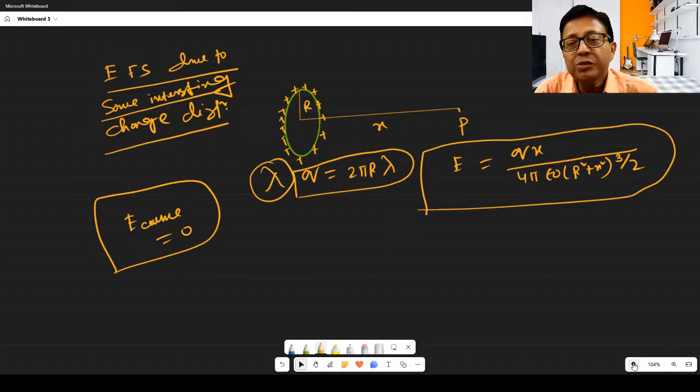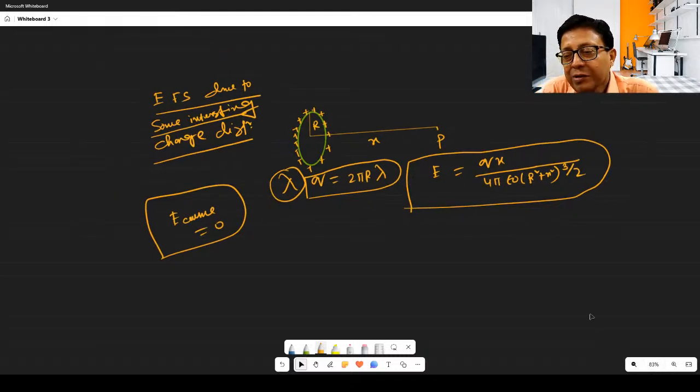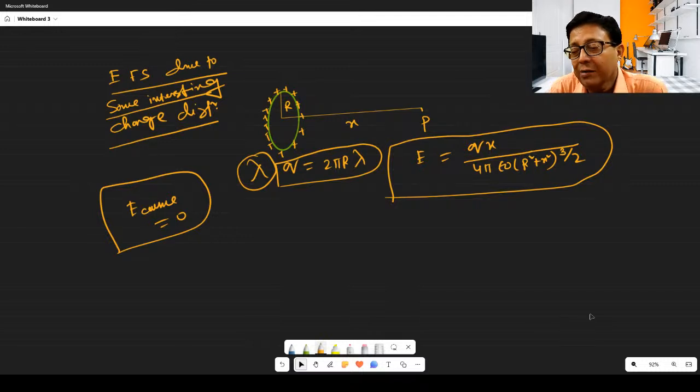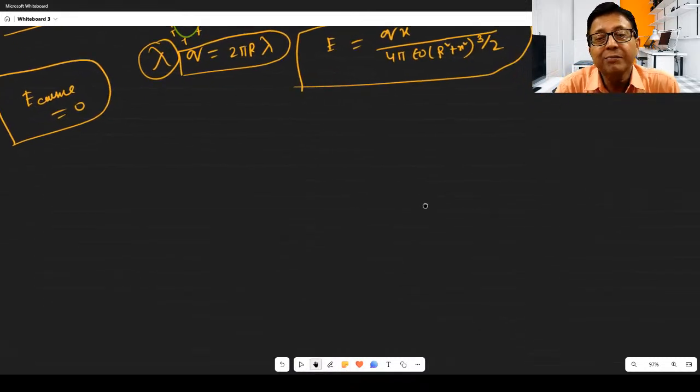Now, due to a semicircular ring, you just don't divide, you will be wrong then. You say that I will divide in two parts, half of this thing? No. Why? It is because the electric field is a vector quantity. Isn't it?